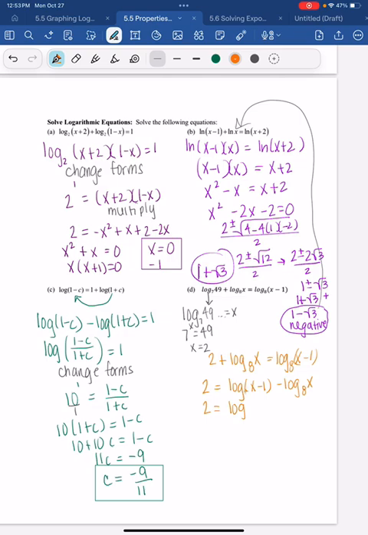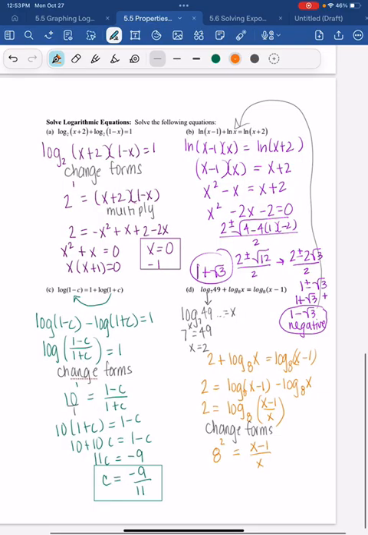That should have an 8. And now I have a log equal to a number. I'm going to change forms. Okay, so this is going to become 8 squared equals x minus 1 over x. 8 squared is 64.